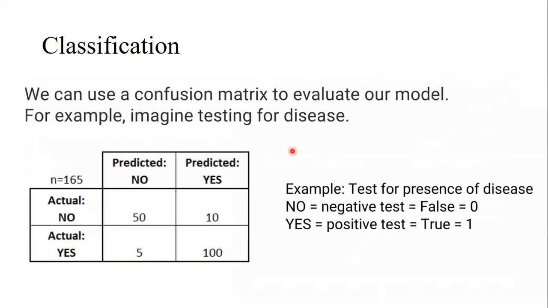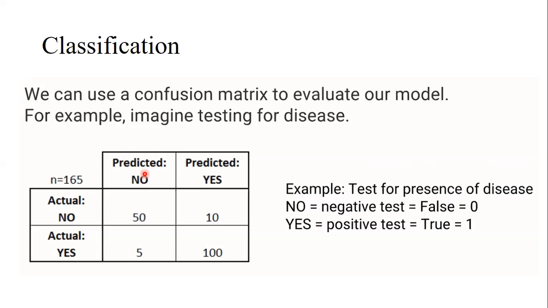When it comes to logistic regression, we have actual yes, actual no, predicted yes, predicted no. Now you are going to recognize the cancer patients or the COVID-19 patients based on the report.